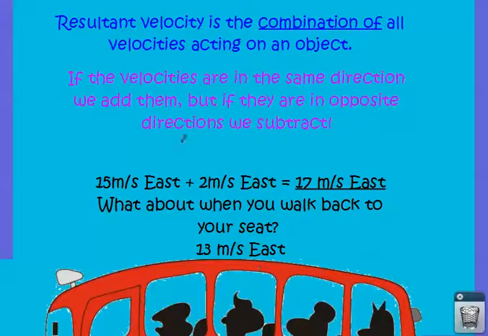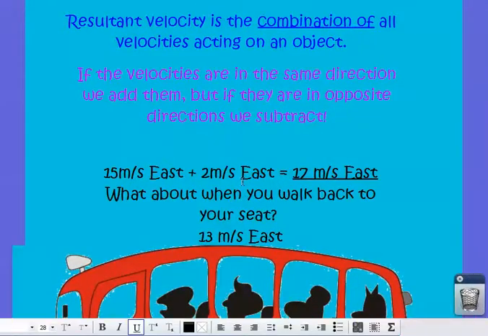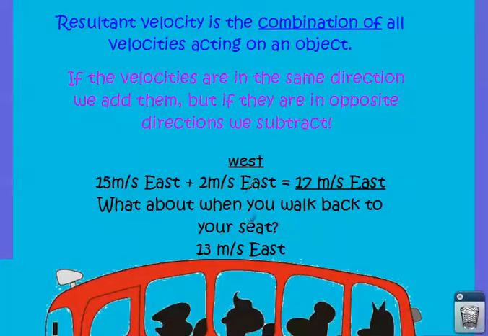On the other hand, if you were to walk toward the back of the bus, now you have to subtract these velocities. The bus is traveling at 15 meters per second east. You would be walking at 2 meters per second, but in this case you'd be walking west. So if you were walking west instead of east, you would not have 17 meters per second east, but rather 13 meters per second, because you're going to subtract your two measures since they're in opposite directions, and 15 minus 2 would give you 13 meters per second.